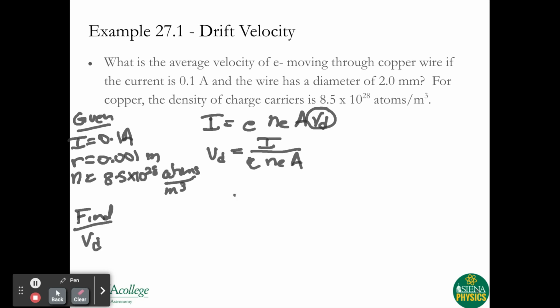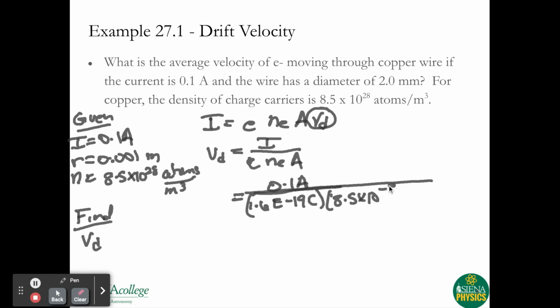And so we have our current is 0.1 amps. We have the charge of the carriers, 1.6 times 10 to the minus 19 coulombs. We have the number density, 8.5 times 10 to the 28, sorry, not minus 28, atoms per cubic meter.